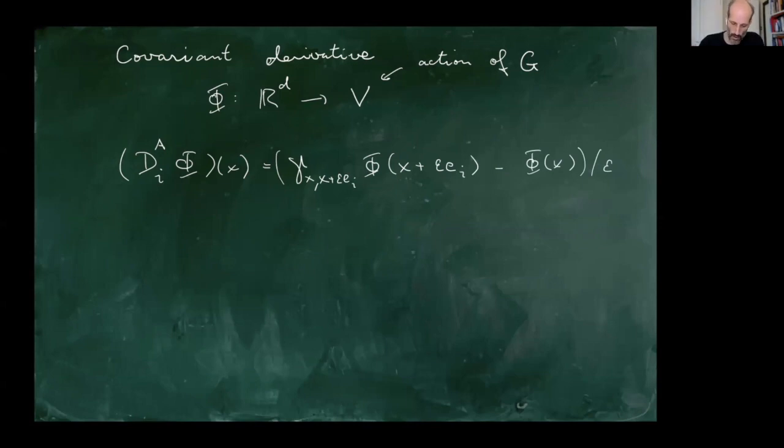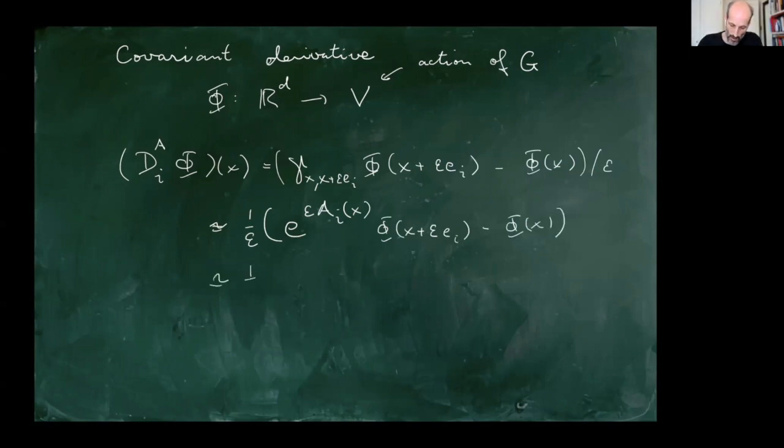And now if we check what this is, right? So this is really 1 over epsilon times e to the epsilon A_i of, well, say x plus epsilon over 2 e_i, but then that's, here I don't care because that would be an order epsilon squared term, times phi of x plus epsilon e_i minus phi of x.